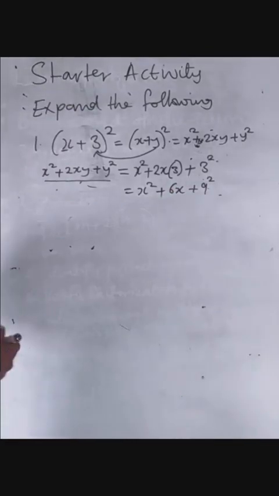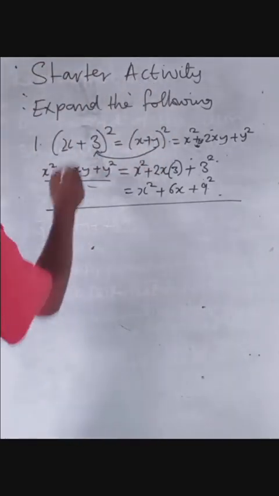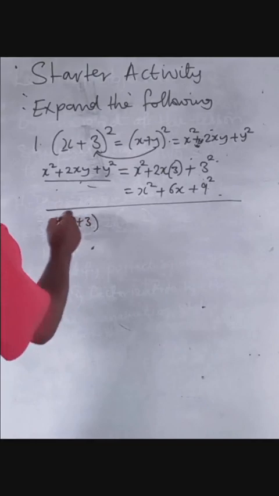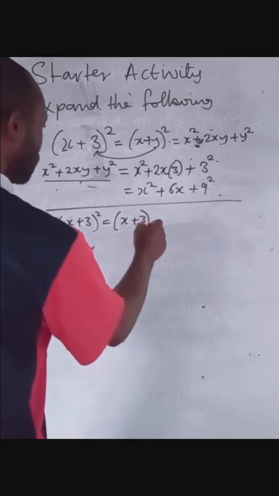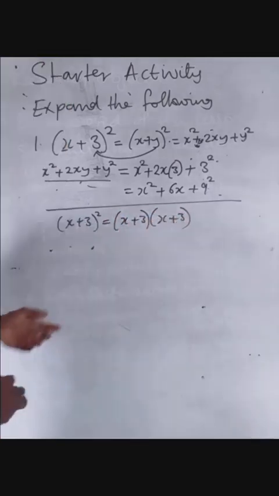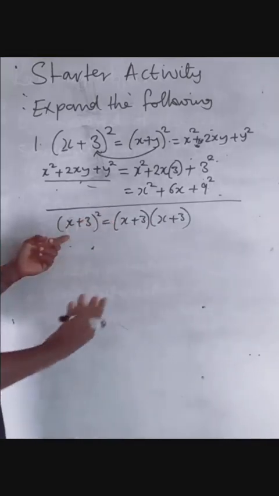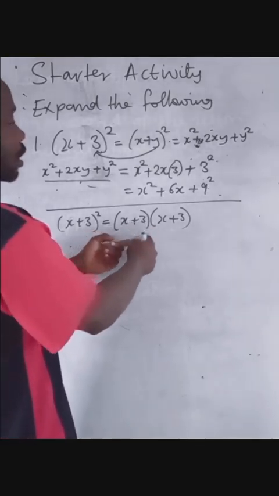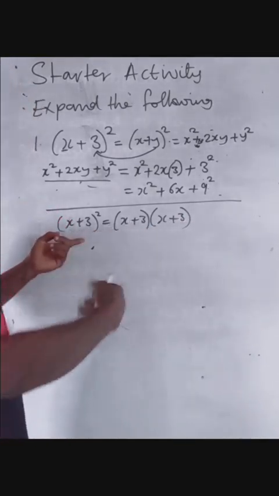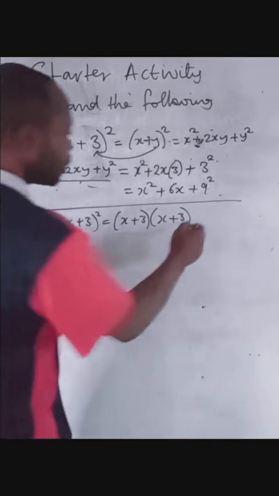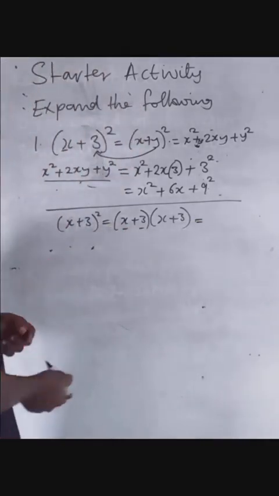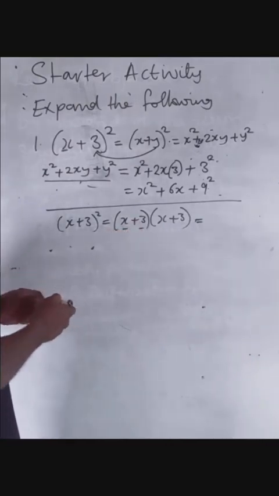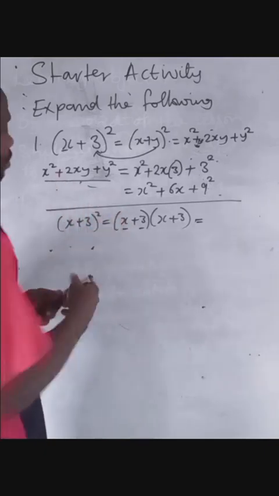Or if you don't want to apply this method, you can just expand. (x plus 3) raised to the power 2 is the same thing as (x plus 3) multiplied by (x plus 3), that is x plus 3 multiplied by itself. So in this case, what do we do?